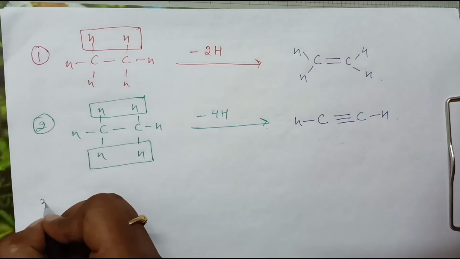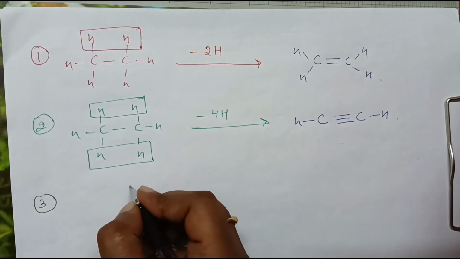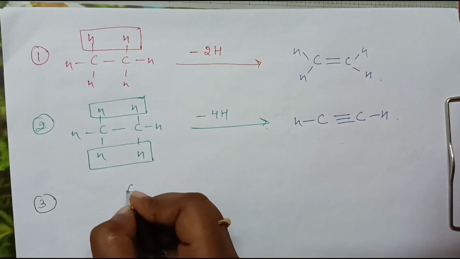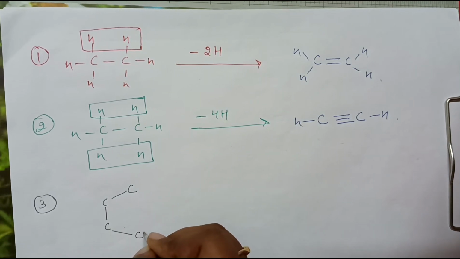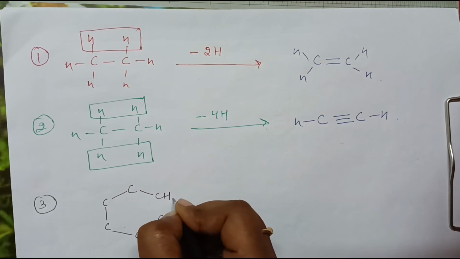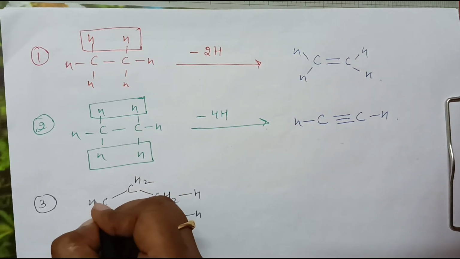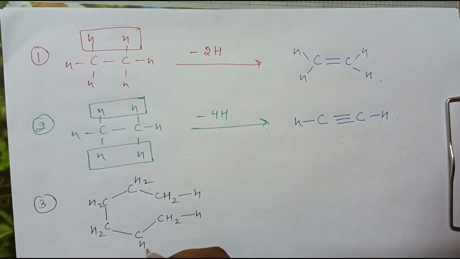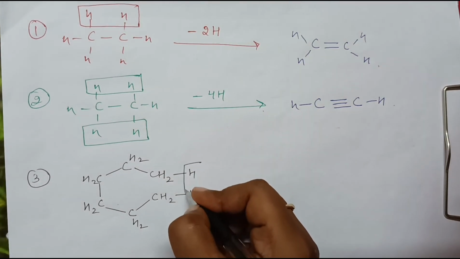Now one more case, the case of a ring. Suppose we have some sort of an alkane. This is an alkane right now. Now we want to take out 2 hydrogens.